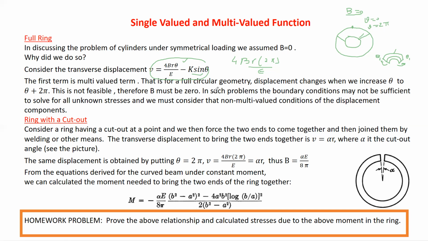As a result of it, if that small angle alpha exists before the two ends are brought together, you will have a transverse displacement V here, which would be equal to R times alpha, the average radius of the ring times alpha.